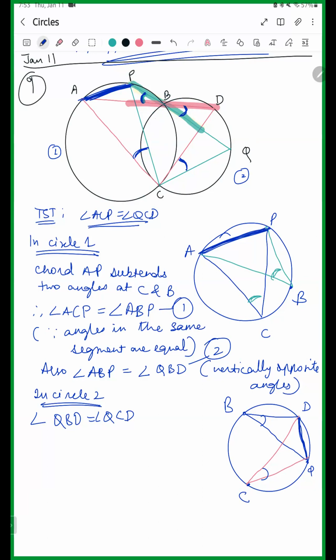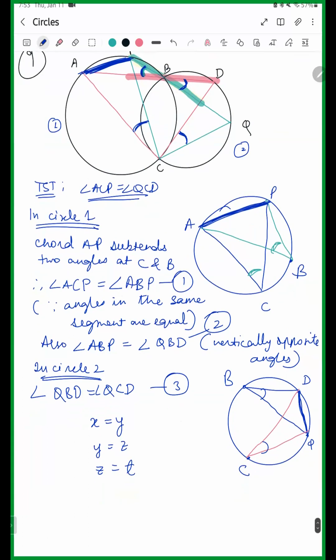So here you can see from the first equation, angle ACP is equal to angle ABP. If you say X is equal to Y, Y is equal to Z, and Z is equal to T, then from these three things, what can you say? You can say that X is equal to T, right? So ACP is equal to ABP, and this ABP is equal to QBD.